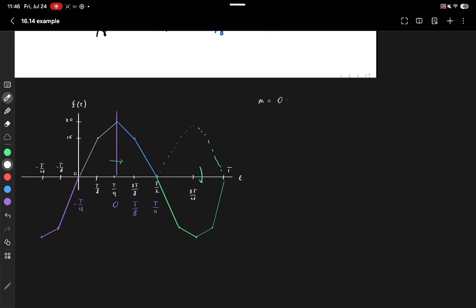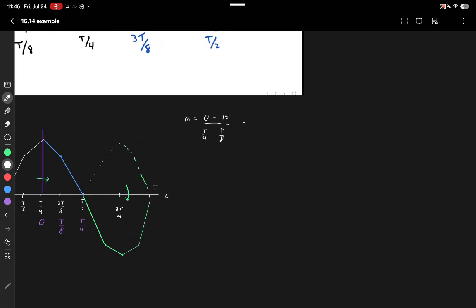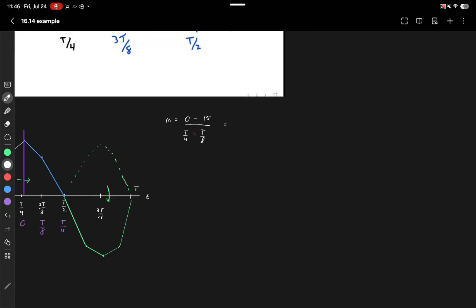We get 0, our y2 minus our y1 of 15, over t over 4 minus t over 8. That should give us the minus 15, and then this would give us t over 8. And if we evaluate that, we would get 120 over t.